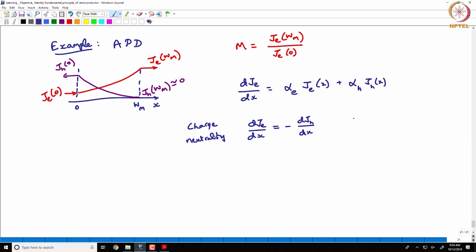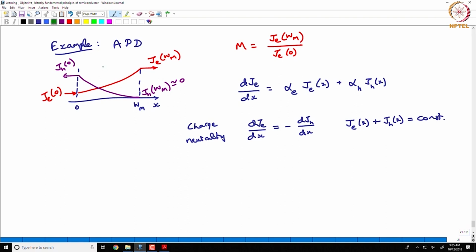And you can also say that because they are always generated in pairs, JE of x plus JH of x is a constant across this region, right? And let's just call that the total current density. So the total current density is constant across the entire region. If that is the case, what is that value?